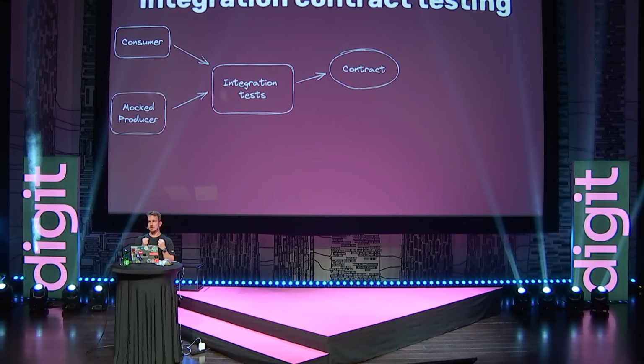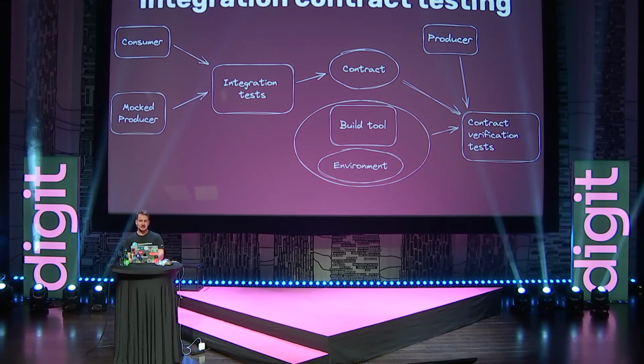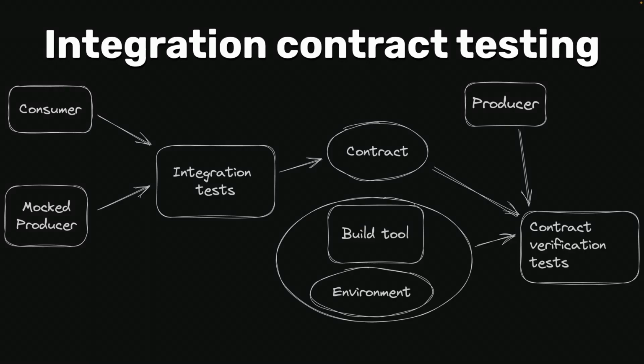And then that contract gets somehow to the producer side. And then on the producer side, they of course need to configure the tools and environments and everything, and they run the contract verification tests. So that means if there are multiple consumers that have different visions of what the producer API should look like, they can provide their own little parts of the contract that embed their assumptions about it.